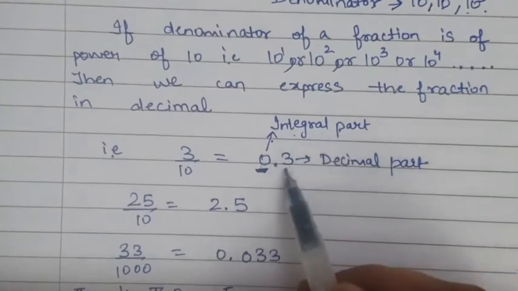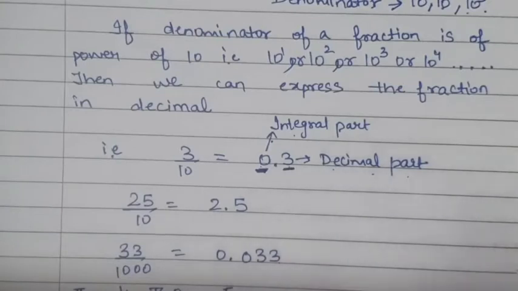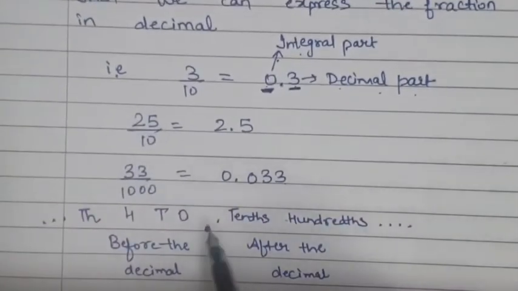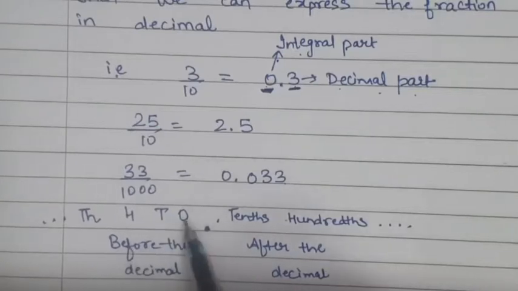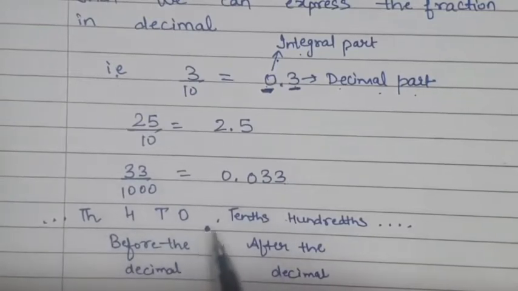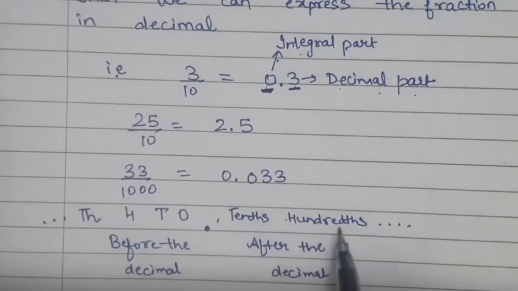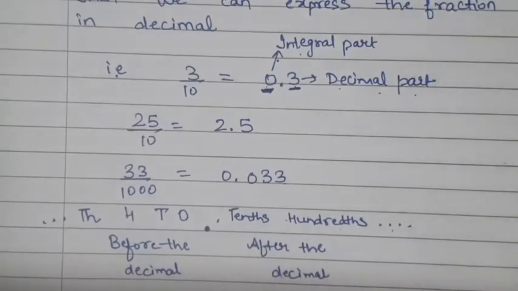And after the decimal, we call it the decimal part. Before the decimal, we read it as ones, tens, hundreds, thousands and so on. And after the decimal, we read it as tenths, hundredths, thousandths and so on.